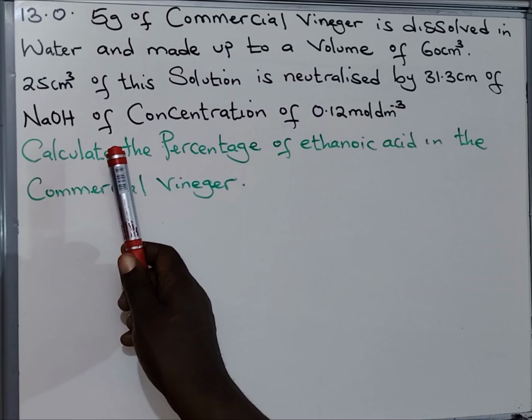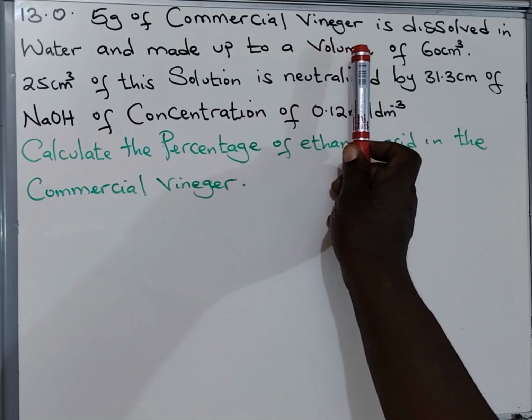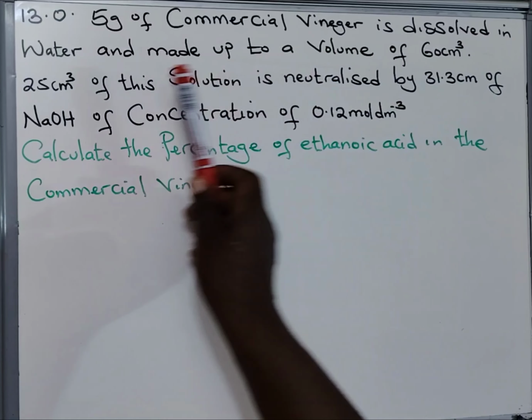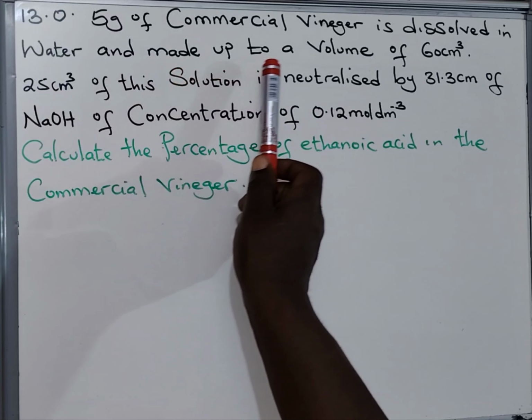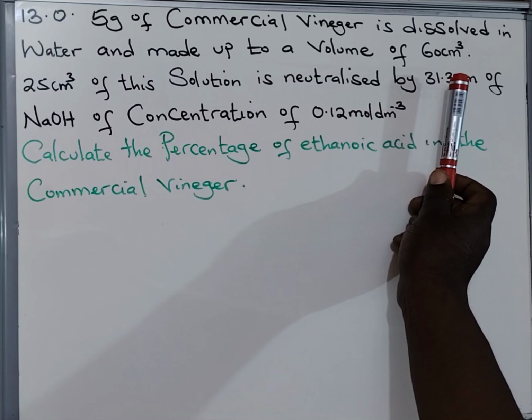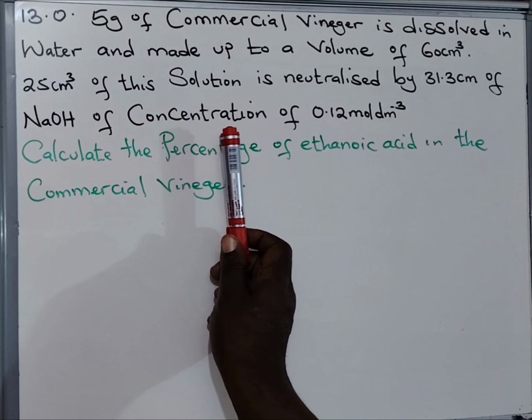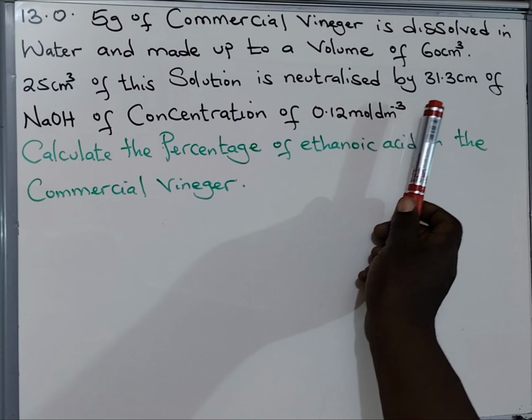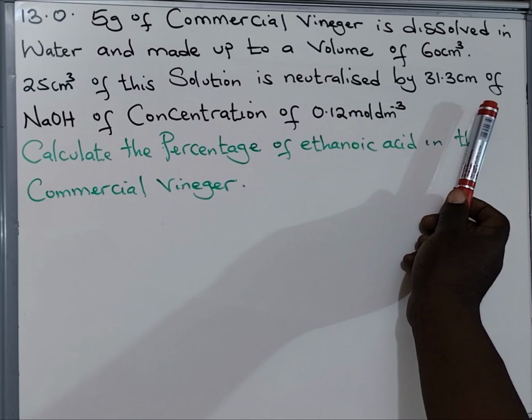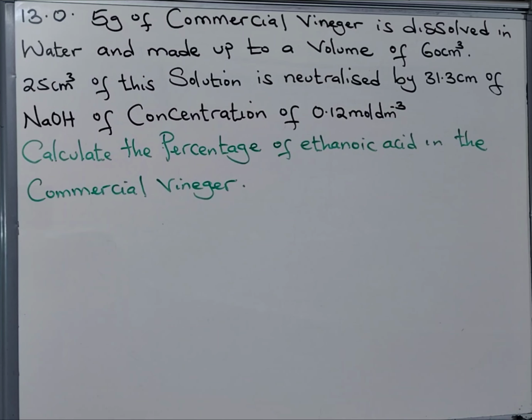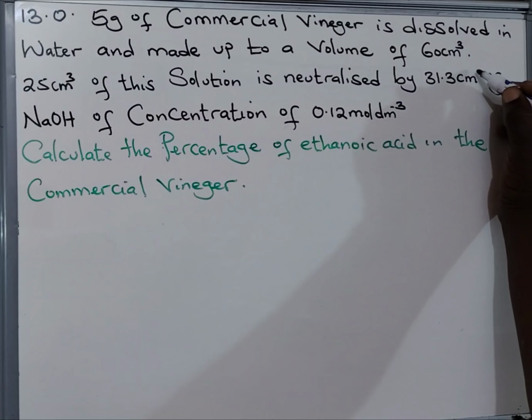It says 5 grams of commercial vinegar is dissolved in water and made up to a volume of 60 cubic centimeter. 25 of this solution is neutralized by 31.3 cubic centimeter of sodium hydroxide of concentration 0.12 moles per cubic decimeter.